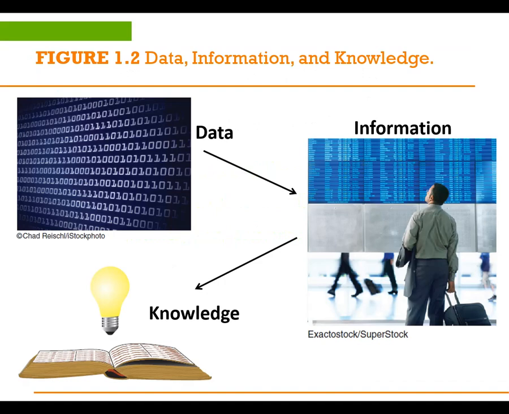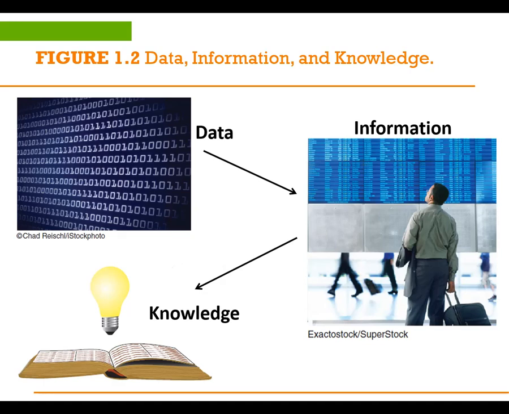One of the first concepts to understand is the transformation of raw data into something that's useful in business. So we start with the data, as depicted in the picture there, a bunch of ones and zeros. It's just numbers. The numbers don't really tell you anything until you organize them in such a way that it can communicate some information.